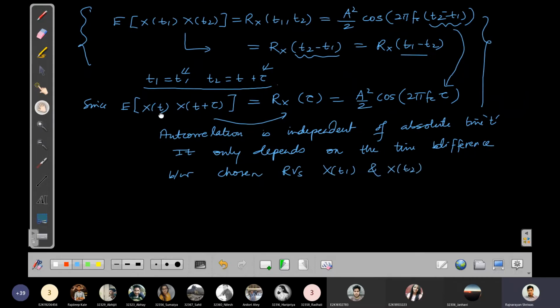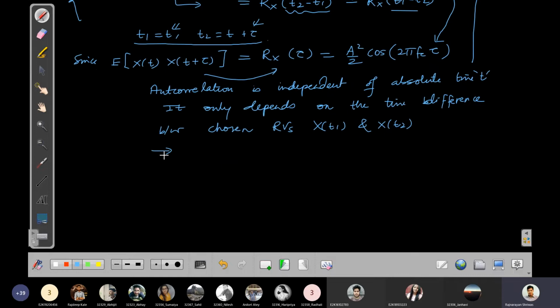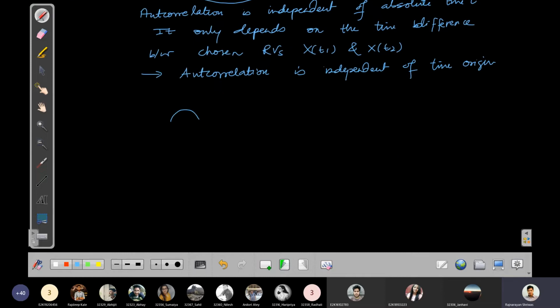So you can also say that this autocorrelation is independent of time origin. What I mean by that: if you have a random process, I will have a collection of sample functions, so let's say three of them.